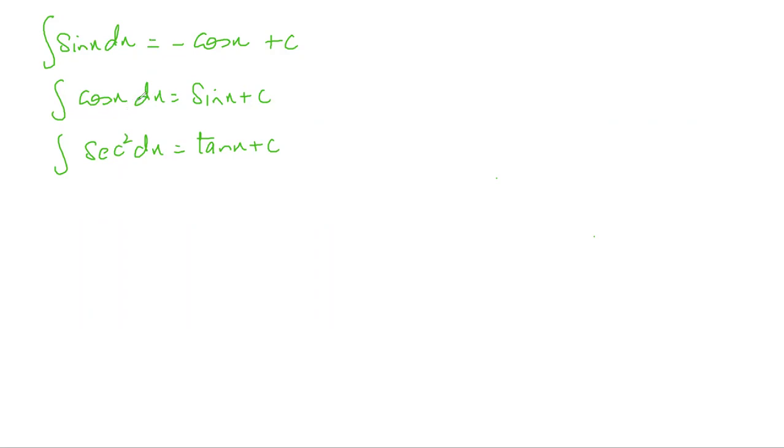For example, a very typical question can be to integrate tan x. If you look at your list, which is really a very short list, we can't integrate this tan x. So you will change tan x into sine x over cos x.